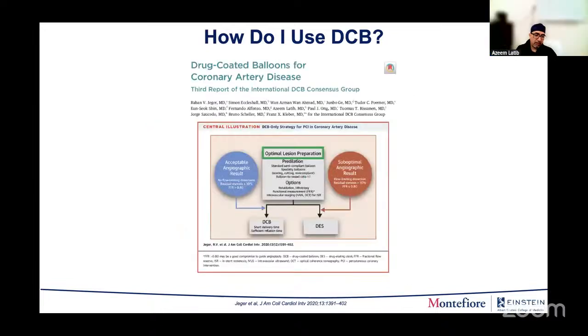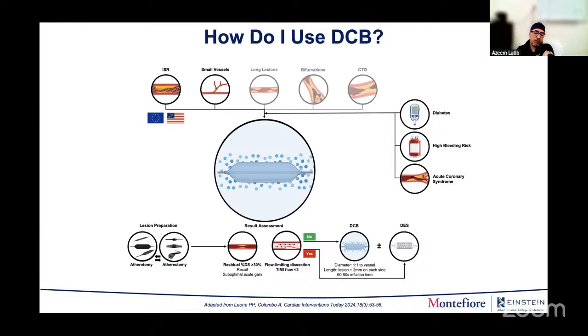Yeah, so I agree with a lot of that. Maybe if you go back just a sec, I would just add a couple of things. So the residual diameter stenosis less than 30. This is an angiographic evaluation, so it's not QCA. It's just you looking at it and saying that looks like a good balloon result, right? And we know that generally as interventional cardiologists, we are not great at evaluating diameter stenosis.